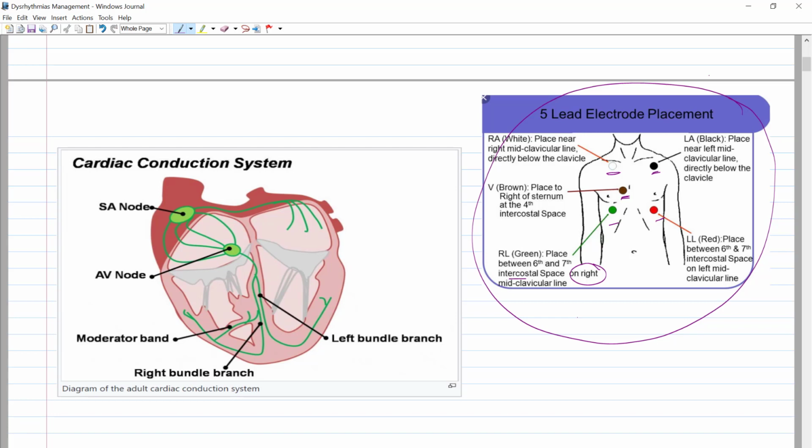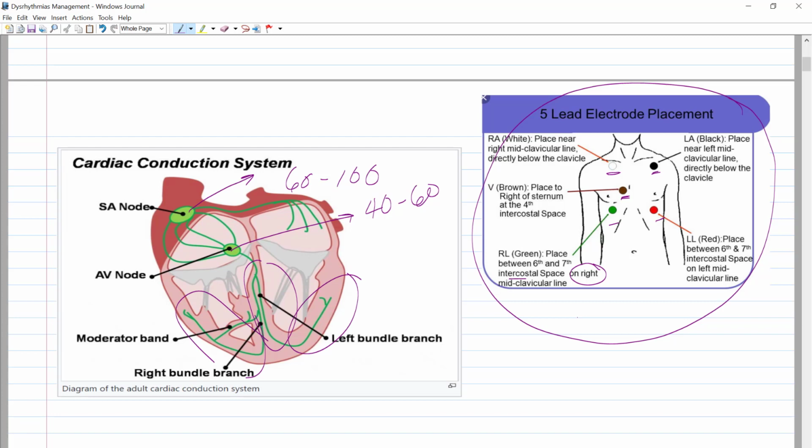Now, just a review of the conduction system. You already learned about the SA node generating 60 to 100 beats per minute, while the AV node generates 40 to 60 beats per minute. The bundle branches and the Purkinje fibers generate less than 30 beats per minute.